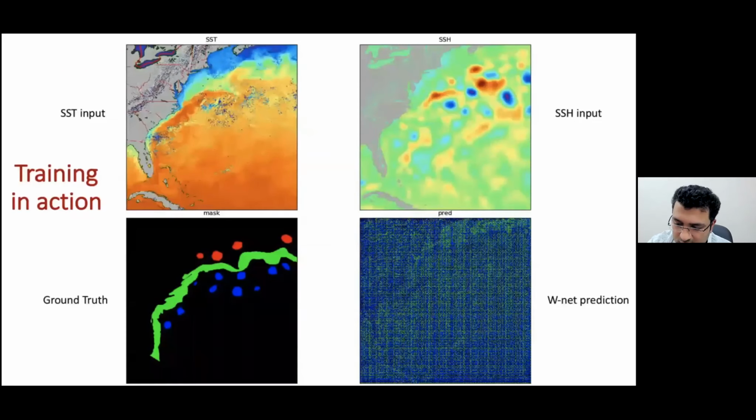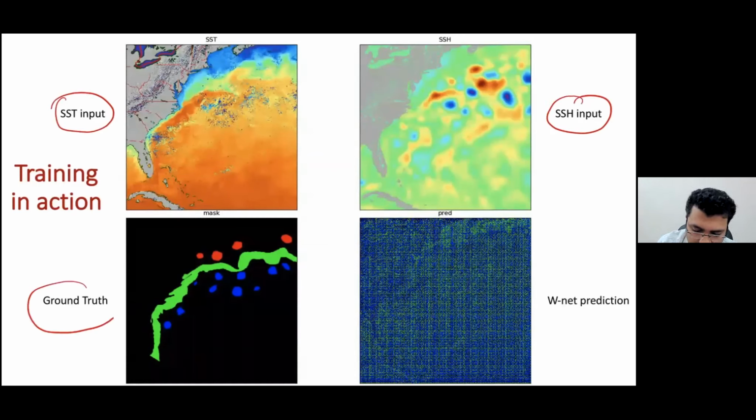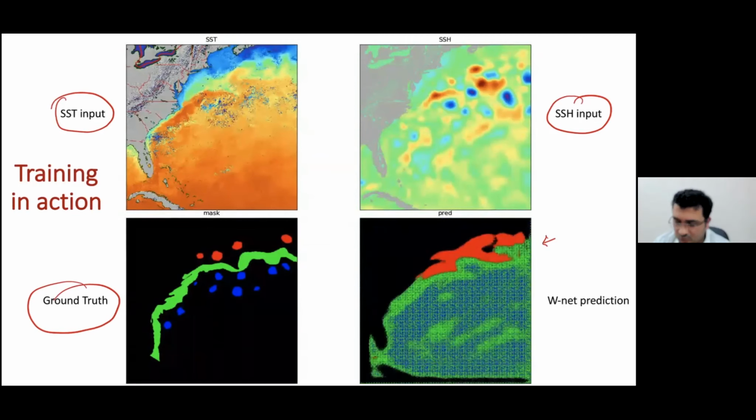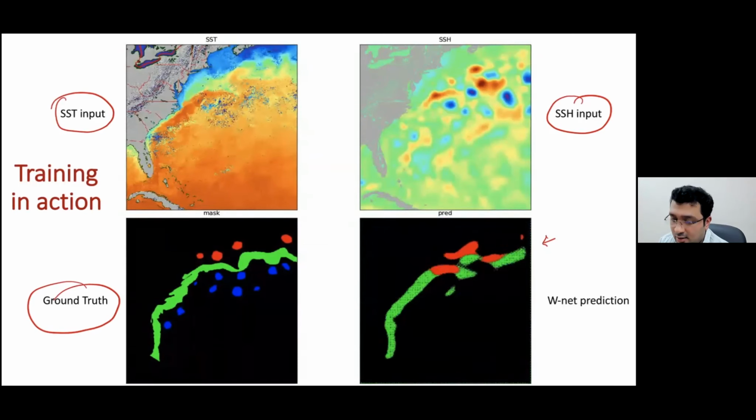So let's look at how the WNet gets trained. What you see here is the SST input, this is the SSH input, and this is the ground truth which the network is trying to learn. I will play the movie. What you see over here is epoch-wise how the WNet is functioning, on a training data point. You can see how the WNet is trying to learn.